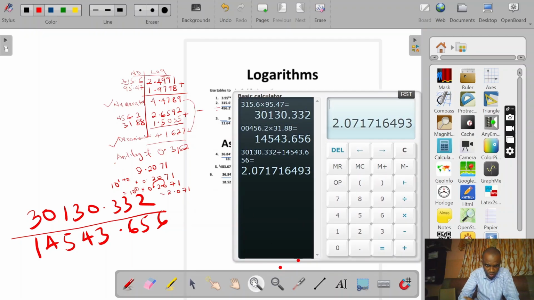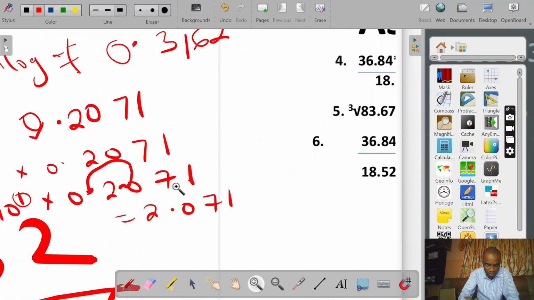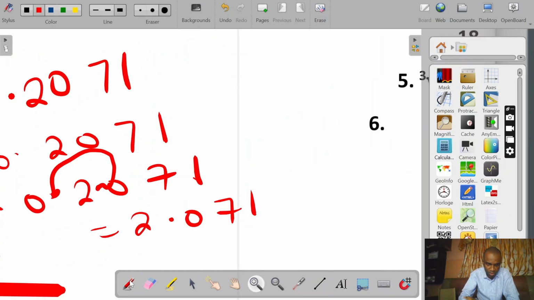Let me zoom it so that you see it very well. This same number I got here, 2.071. So the answer is correct. So that's how to use the four-figure table.